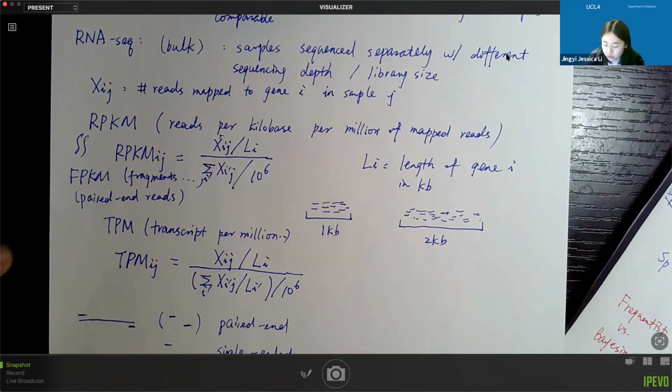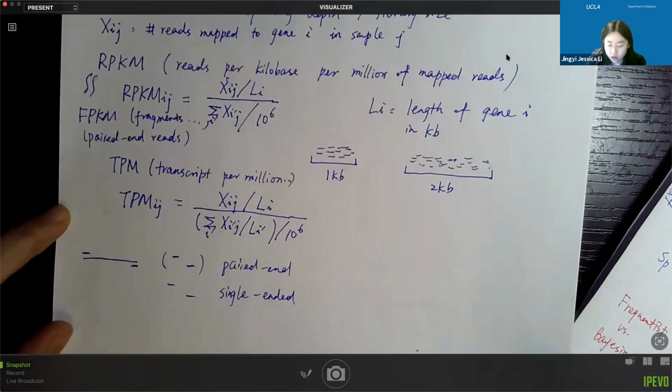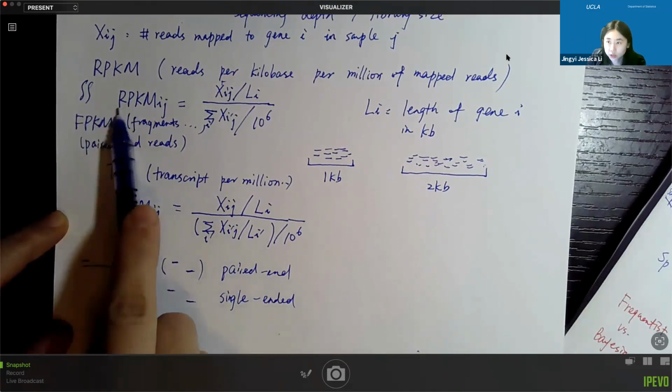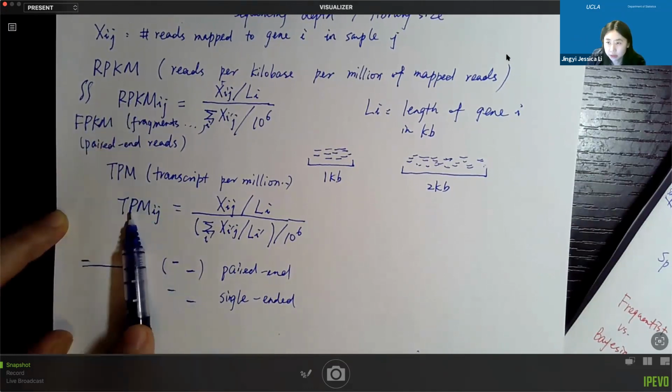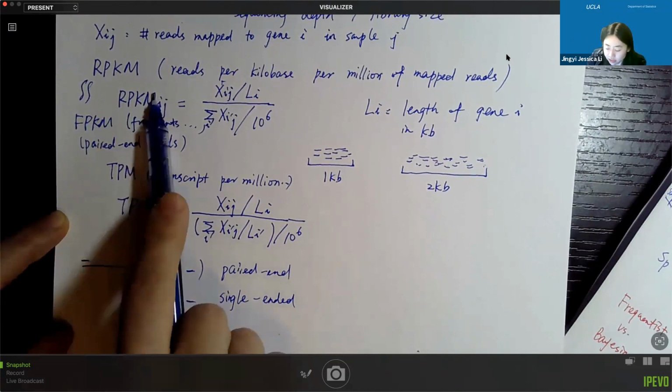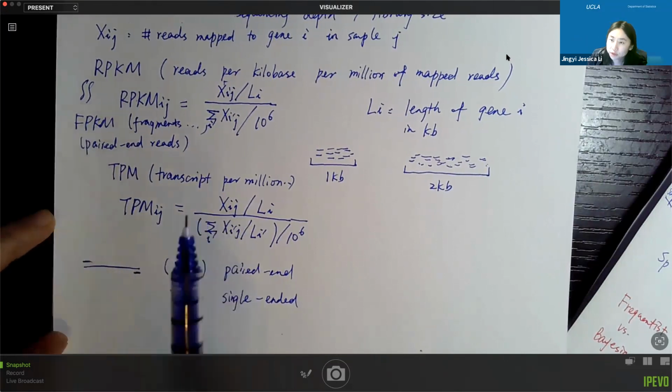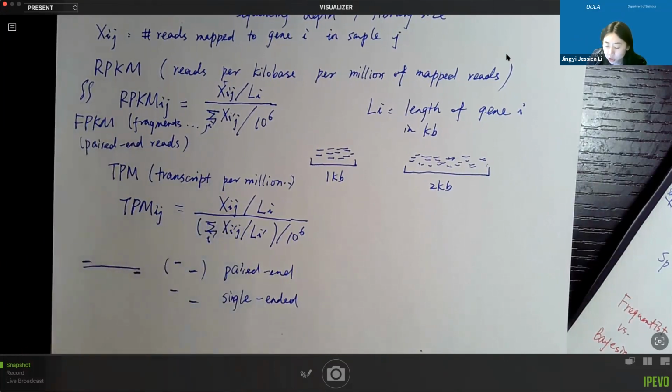But there are two units that are widely used in the literature. One is RPKM or FPKM. They are very similar to each other. The other is TPM. So the difference between RPKM and TPM is whether you define the sequencing depth as the total number of reads or the total number of RNA molecules.